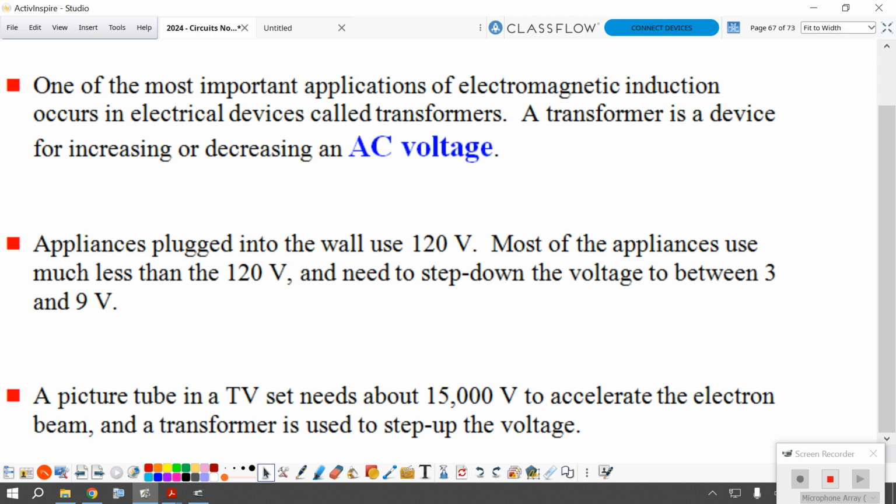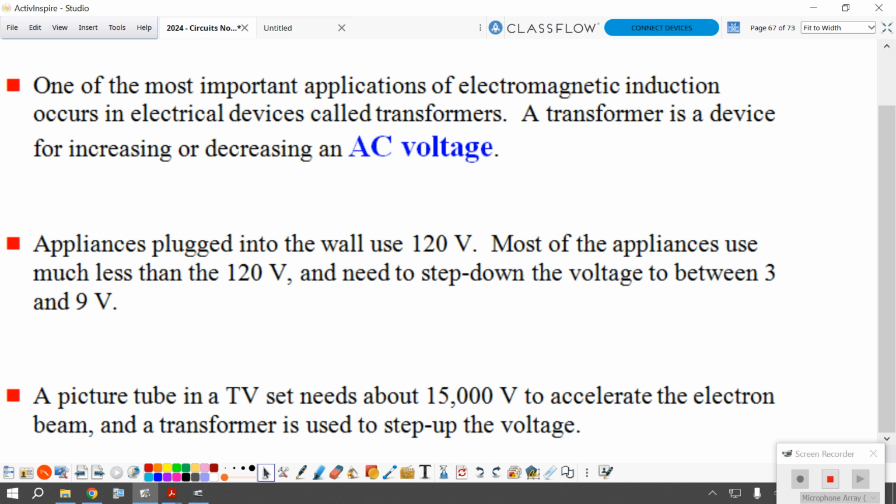The little cubes that you use convert that to a usable form in the amounts that you would want for those devices. And like I said, most things use between 3 and 9 volts. It's just that to get that energy from where our power source is to our devices, we have to use a combination of step up and step down.